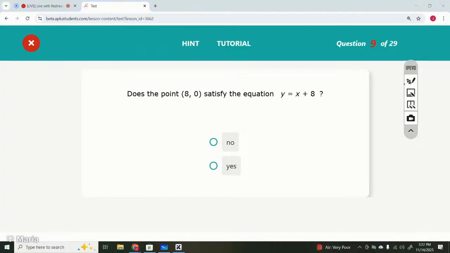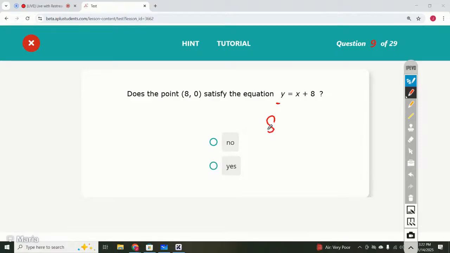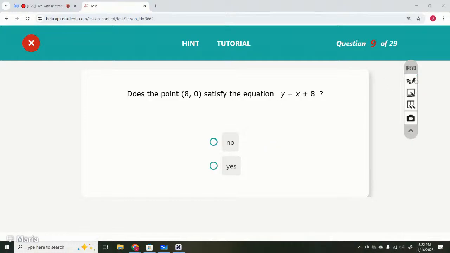Next, (8, 0). Does the point (8, 0) satisfy the equation y equals 0 plus 8? So y is 8, x is 0. So 0 plus 8 is 8. So yes, both sides are exactly equal. Okay, you can complete the lesson by yourself later today. Let me do the next lesson.